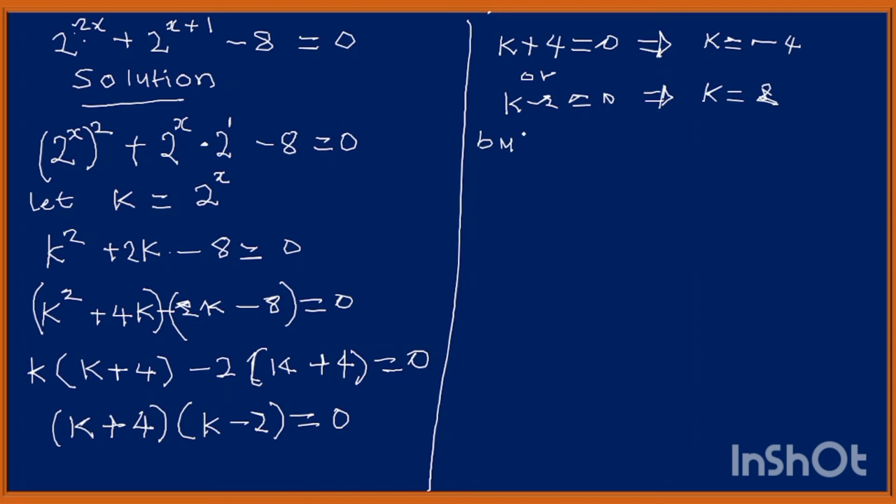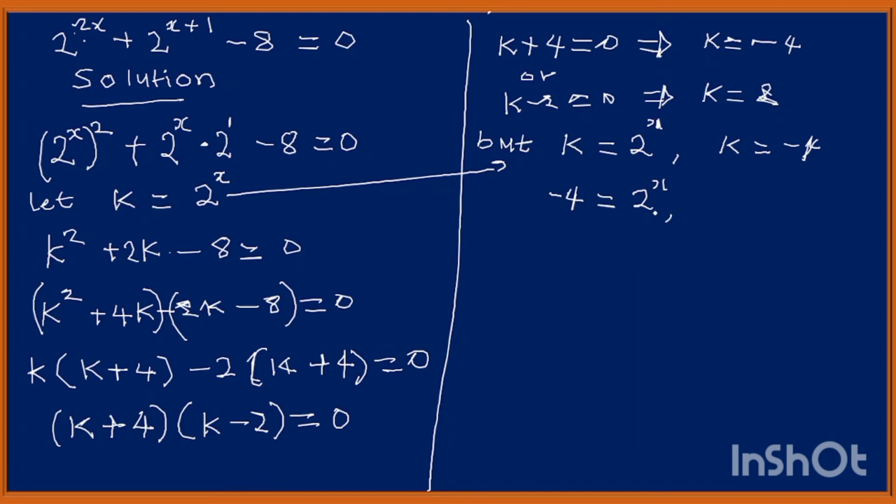But remember that k = 2^x. So when k = −4, what is x? We have −4 = 2^x. In this particular indicial equation, there is no solution.